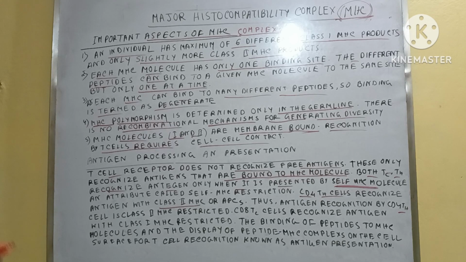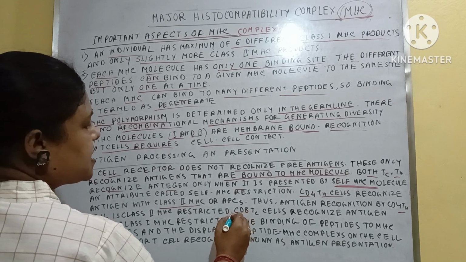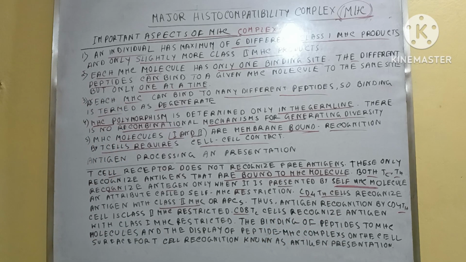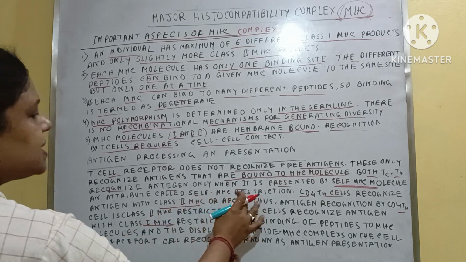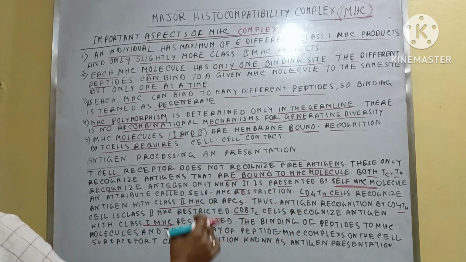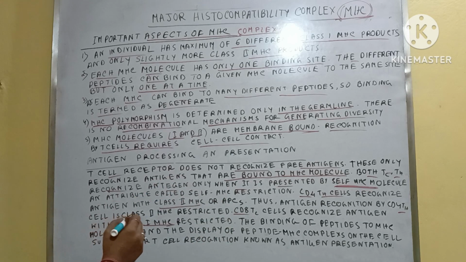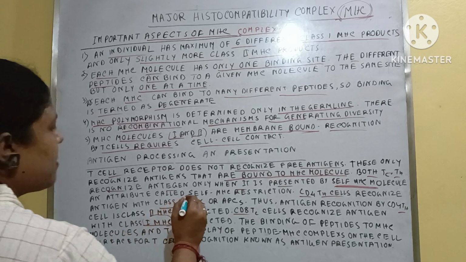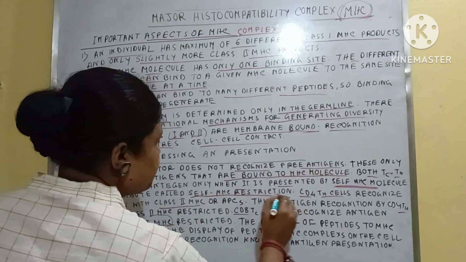The same is true when CD8 T cells recognize antigen with class 1 MHC restriction, so they are recognized when bound with a class 1 MHC molecule. This process is called self MHC restriction.